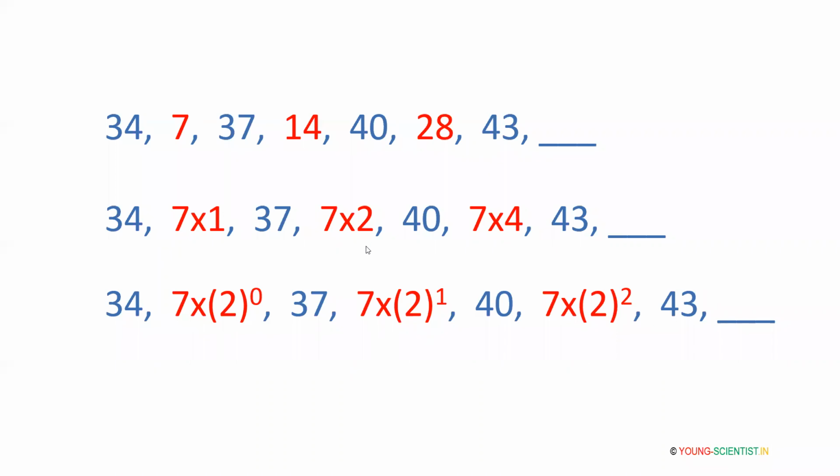Yeah, and expressing it in this form also gives us 56. Because the missing term would be 7 times 2 raised to 3. That is 7 times 8, which is 56. So essentially each red term gets multiplied by 2, starting from 2 raised to 0, which is 1.